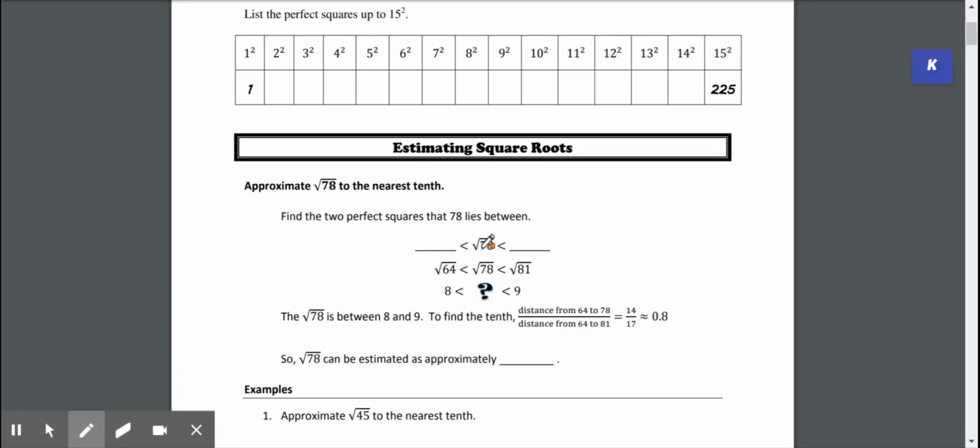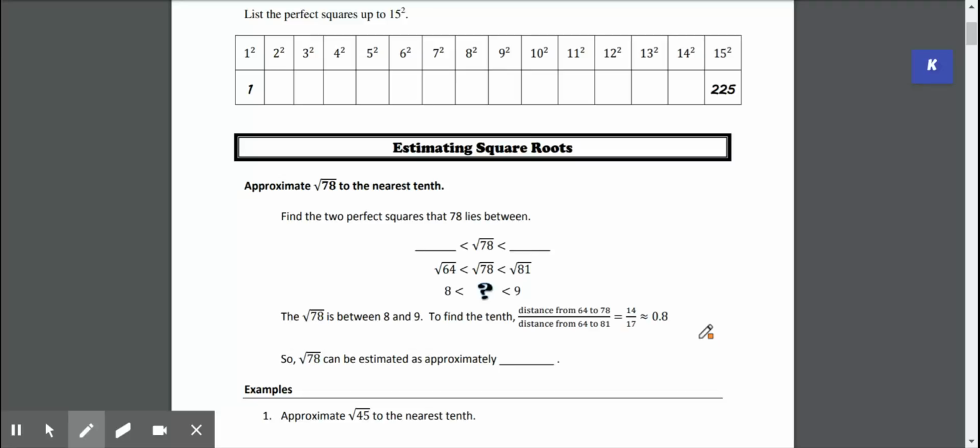So I know 78 is a little bit less than 81, and it's a little bit more than 64. So if the square root of 81 is 9 and the square root of 64 is 8, then I know the square root of 78 is going to fall somewhere in between those two values. Now, this is an exercise which we can take a look at another time, but with us running out of time in the school year, I'm going to bypass this for now.